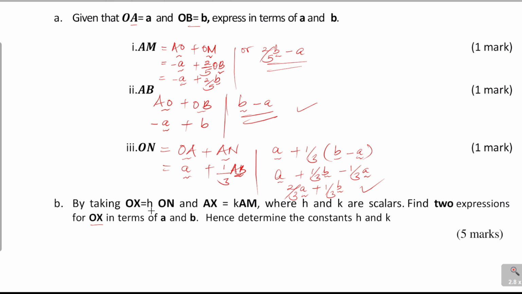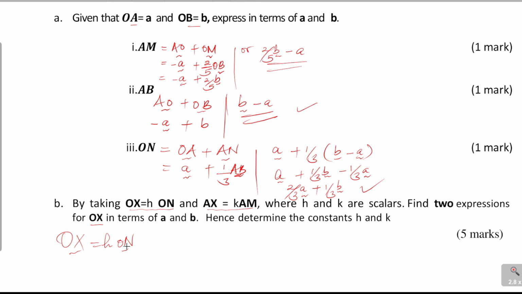In the first expression, ensure that you use OX equals HON.